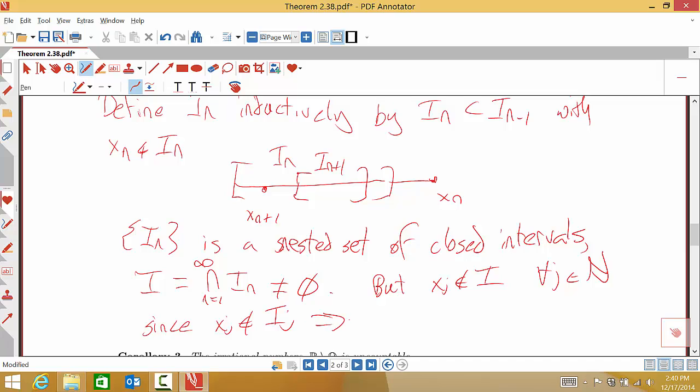So this tells us there exists a real number x that is not in this enumerated set x1, x2, up to, well, I guess it doesn't end because it's countable. This is our contradiction. So therefore, our assumption that the reals were countable is flawed. The real numbers are uncountable.